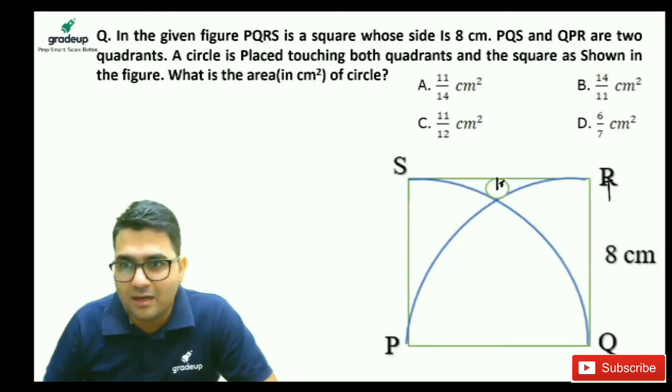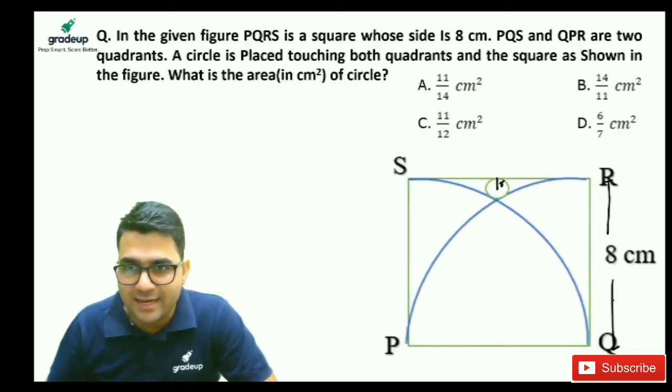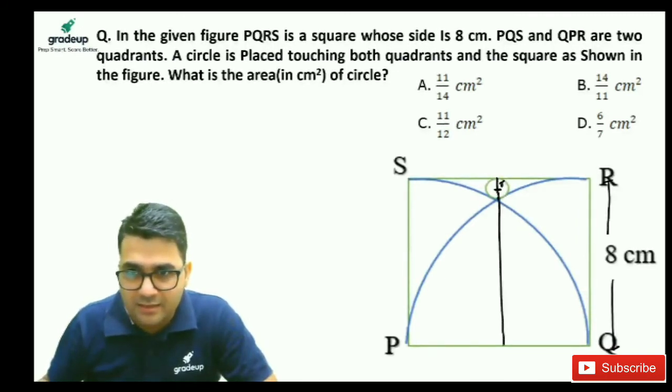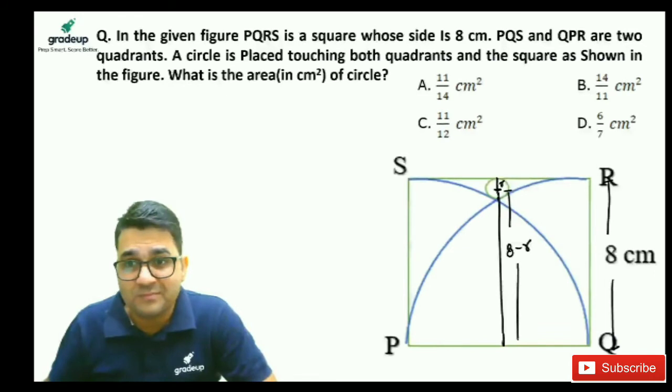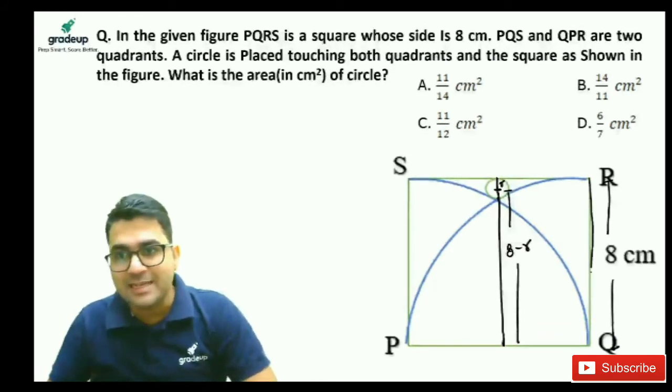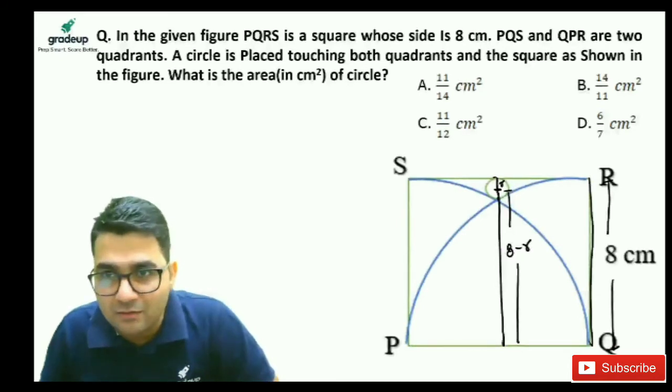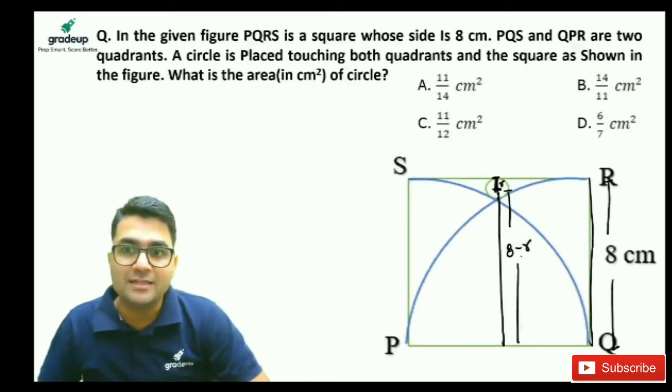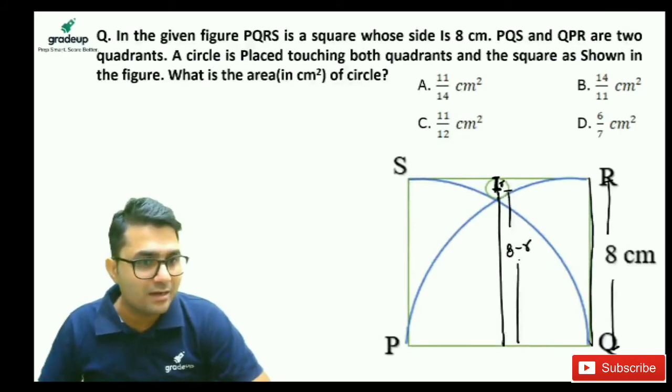As this side is 8 centimeter, can I say from here to here, this length will be 8 minus r? Yes or no? Because this complete length is 8 and this is r, this will be 8 minus r.